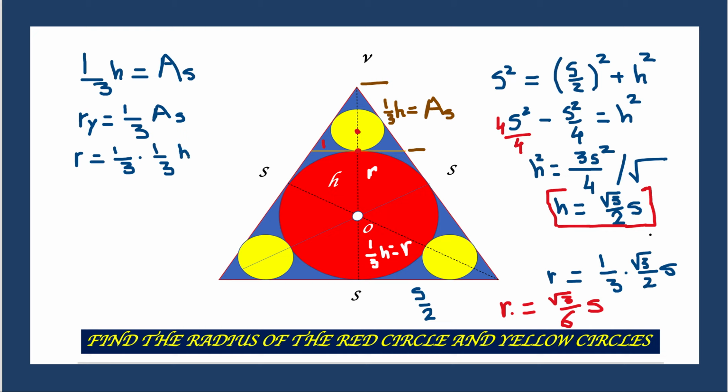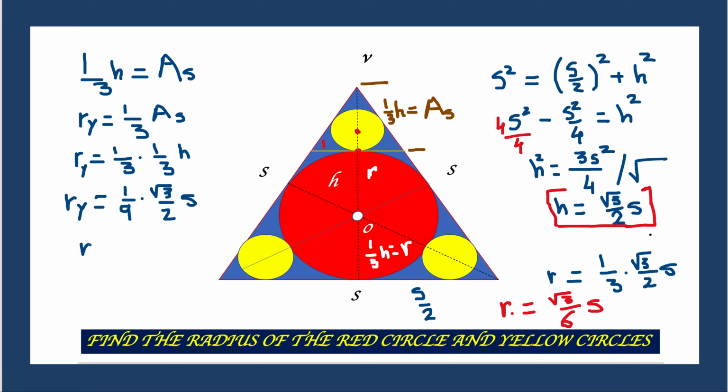And we already know h is the square root of 3 divided by 2 times the side s. So let me write R yellow. The radius of the yellow circle is equal to, when we multiply everything, 1/9, since 3 times 3 is 9, times the square root of 3 divided by 2 times s.